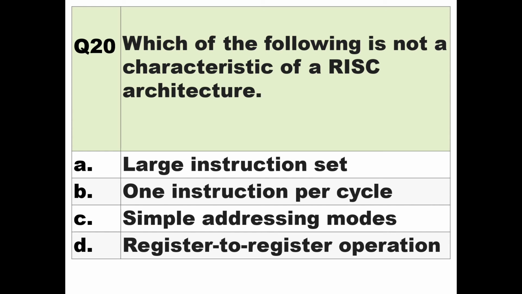So for question number 20, option A will be the right answer. Large instruction set is there for CISC, not for RISC. RISC has a reduced instruction set, so it has few instructions in its instruction set. So option A is not a characteristic of RISC architecture.